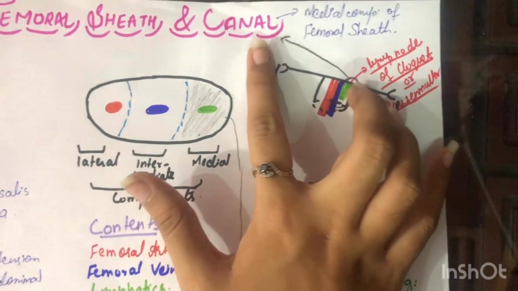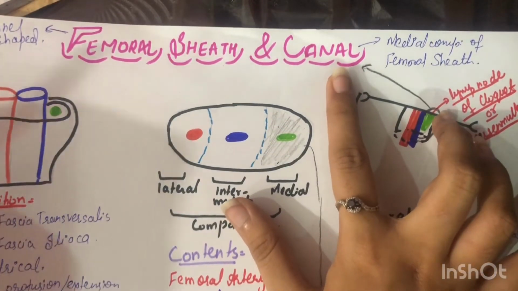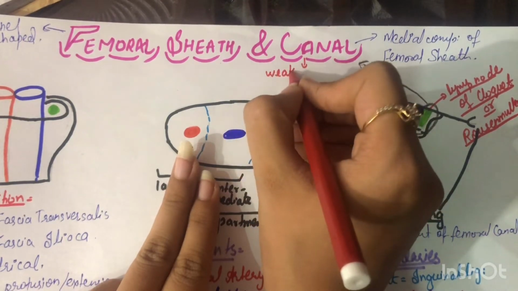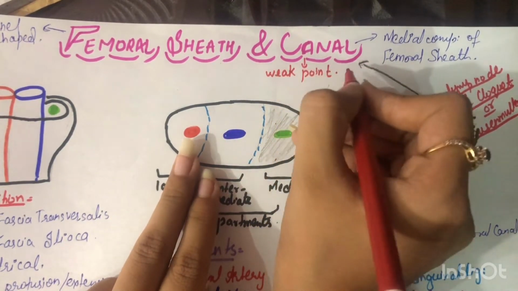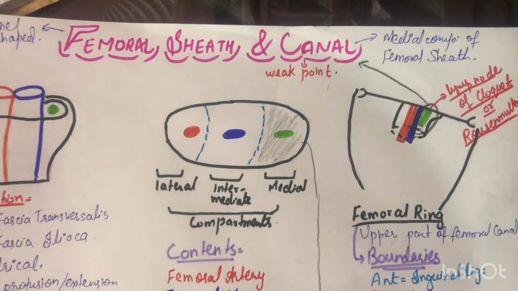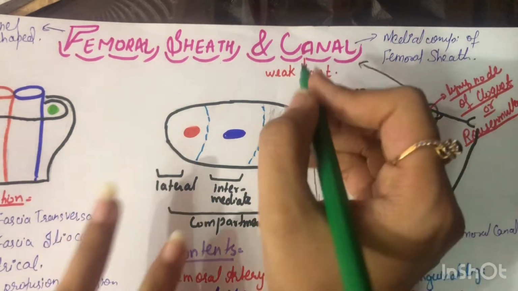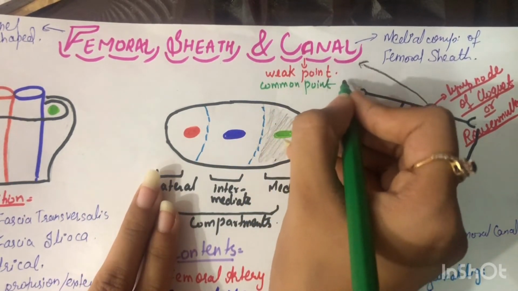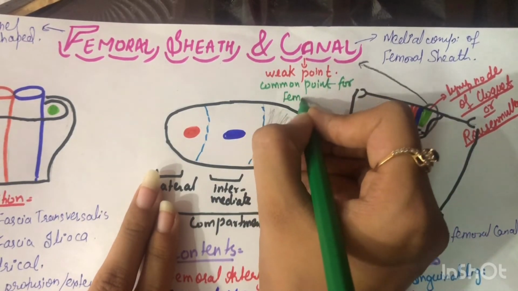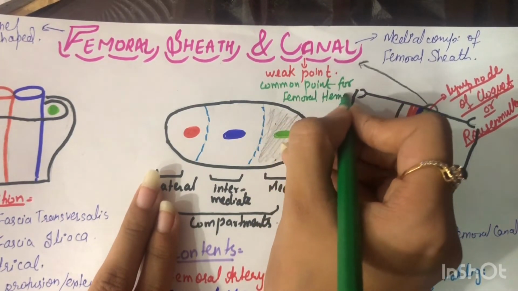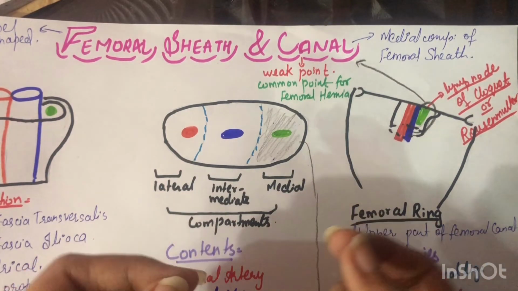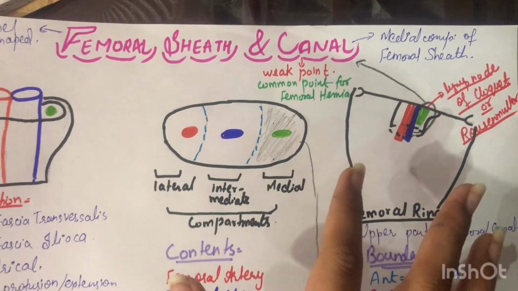So for the femoral canal, here I am writing, it's a weak point and a common point for femoral hernia, right?